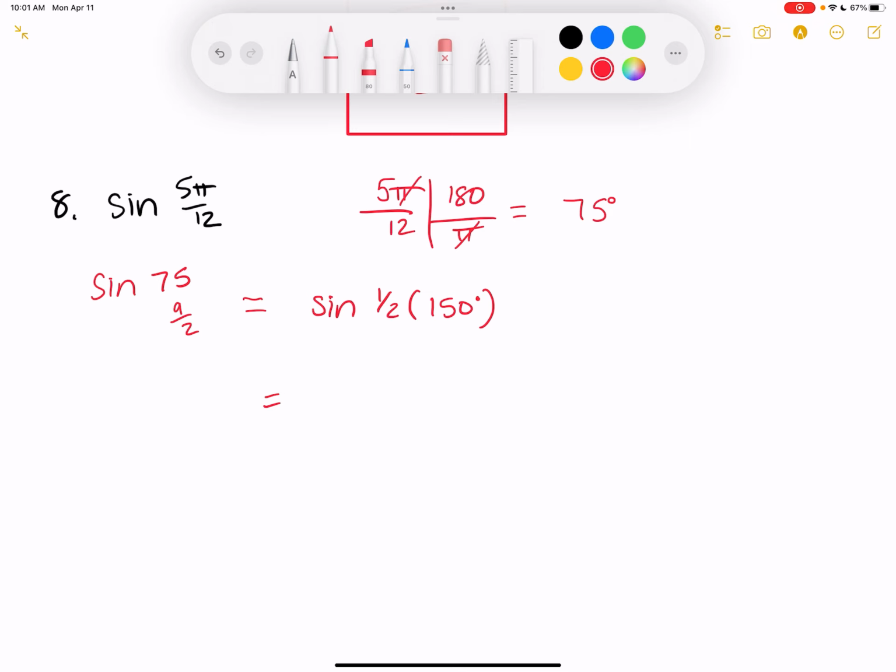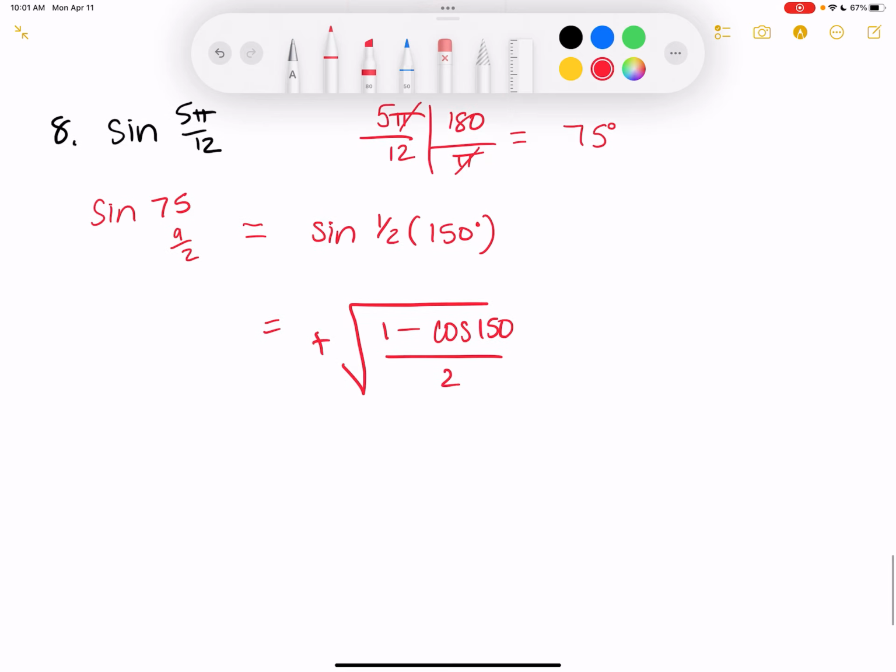All right, so this formula, is it going to be positive or negative? Where does 75 lie? Okay, positive. I'm looking at where 75 is. So then we have 1 minus the cosine of 150 over 2. The cosine of 150 is what? Negative root 3 over 2. So it was negative and then it's negative root 3 over 2, so it's going to become positive.